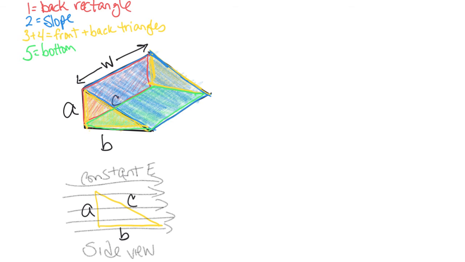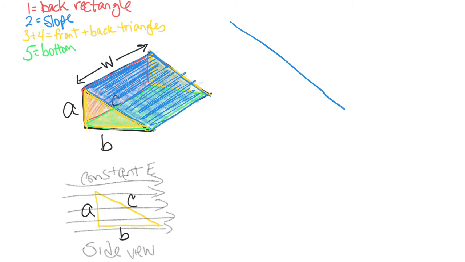So finally, that brings us to the very exciting slope. Let's draw that. There's the sloped surface, and our electric field is in that direction. Let's draw our A vector. Our A vector is going to be like that.